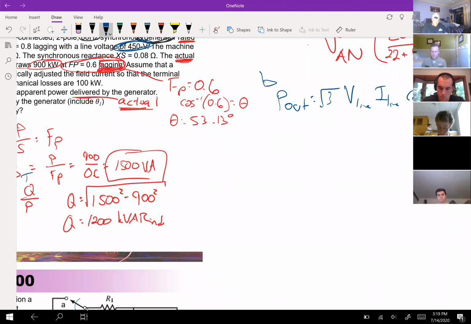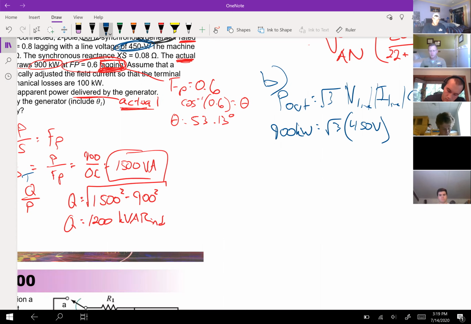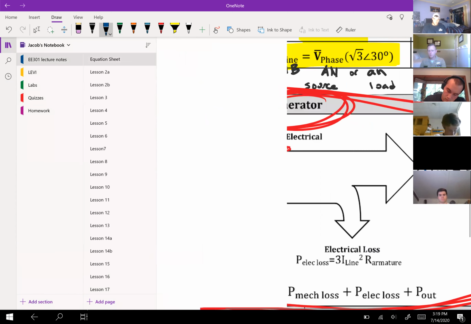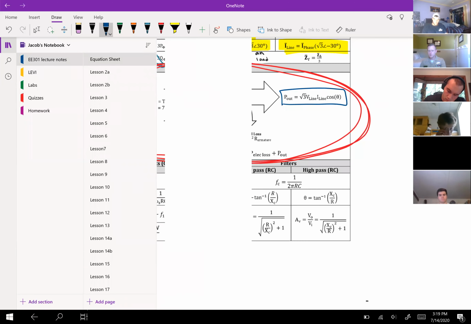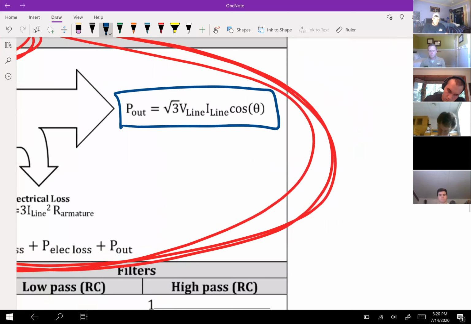This is part B. P out, I was already given 900 kilowatts, √3. V line was given in my problem statement, 450 volts. It doesn't say it on the equation sheet with these absolute values, but it is just the magnitude. Notice how on the equation sheet it's not bolded and doesn't have a vector on top, so it's just the magnitudes.